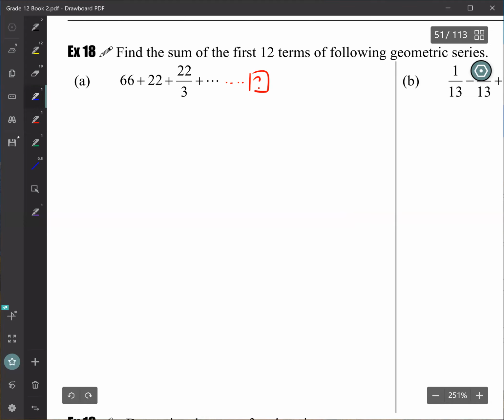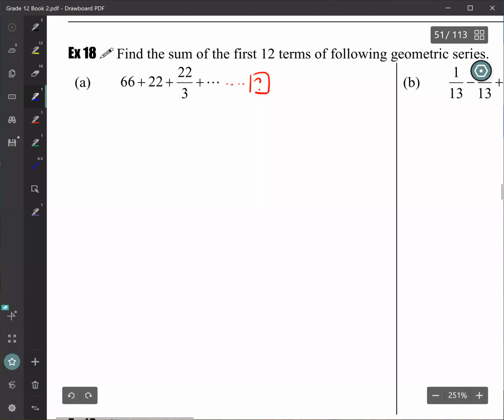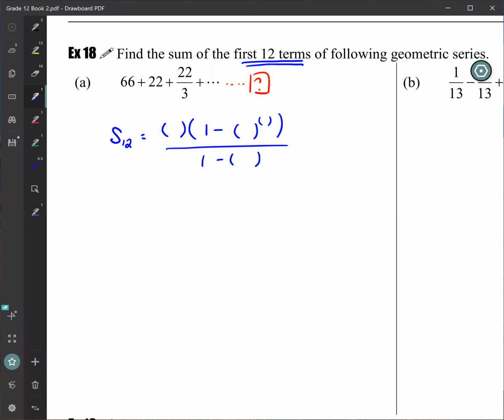So we'll write out the formula then. We want to find the first 12 terms, so we write S12, and then A times 1 minus R to the N over 1 minus R. You can fill this in and we'll check the answer.